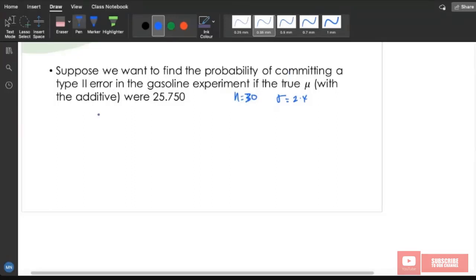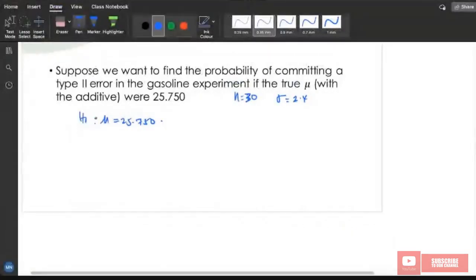And the null hypothesis, the alternative hypothesis here is mu. This is the alternative hypothesis. Mu is 25.750. Sorry, this is the null hypothesis. Null hypothesis is mu is equal to 25.750.